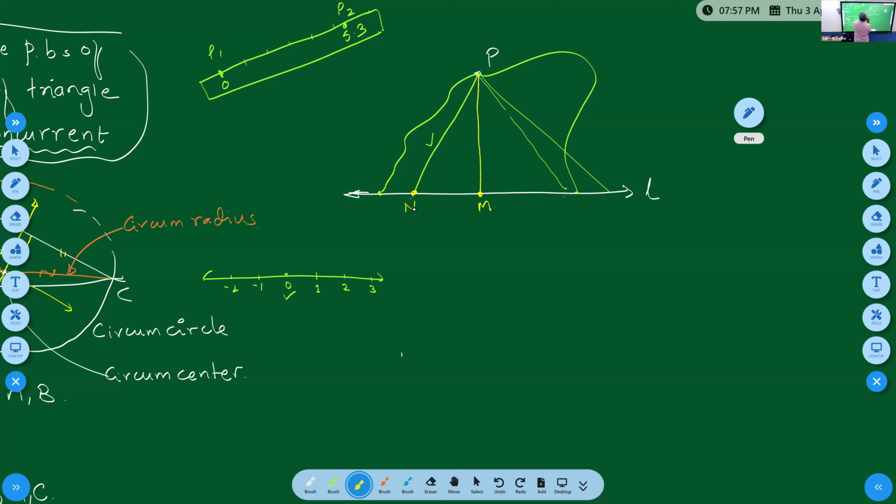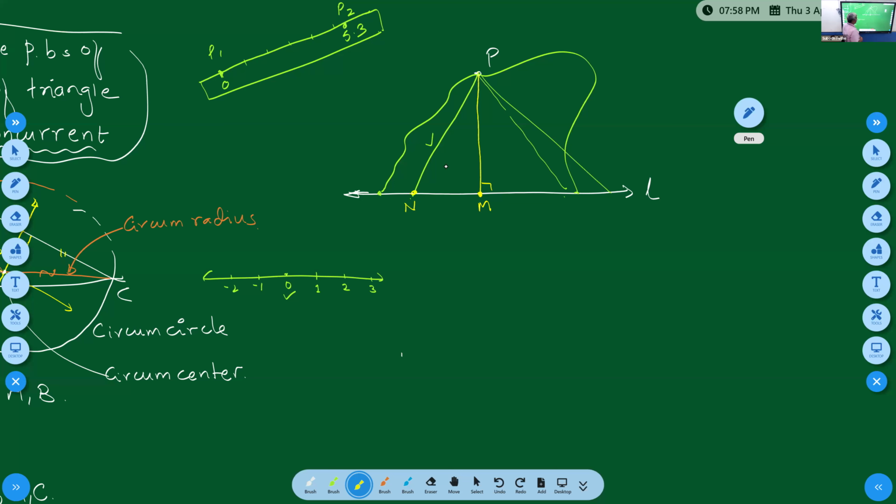Because we got M by putting a perpendicular, this is a right angle triangle. And in a right angle triangle the hypotenuse is greater than either of the 2 sides. So any other distance using a straight line that you want to say is minimum, it is not going to be. The only minimum distance is going to be the perpendicular distance.